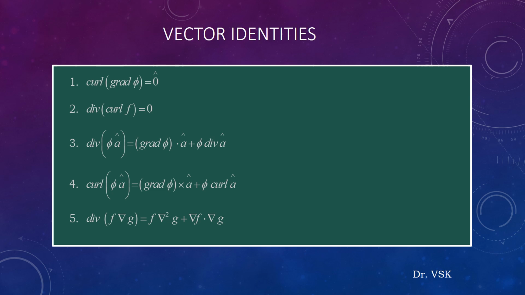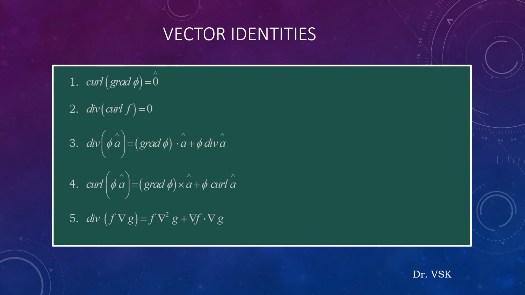Del f is a vector field, del g is a vector field. Their dot product produces a scalar field. On the RHS, these two terms are scalars, so their sum is a scalar. The left hand side is the divergence of a vector field. It is also a scalar. So the LHS and the RHS are scalar fields in this particular identity. So it is actually called a scalar identity.